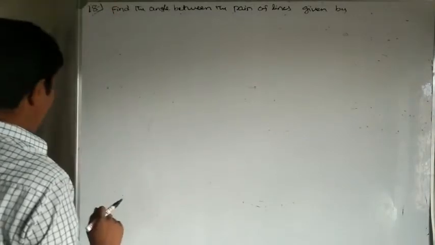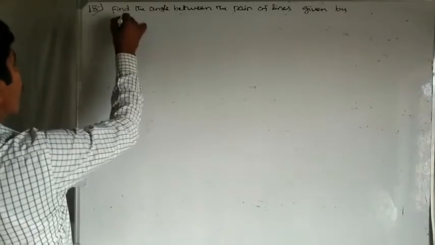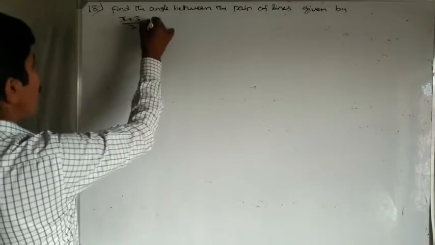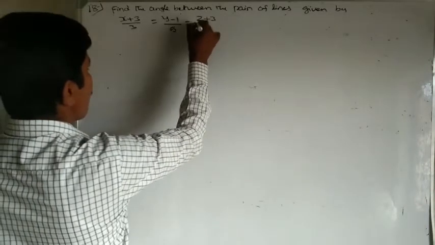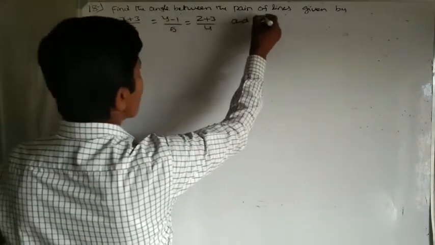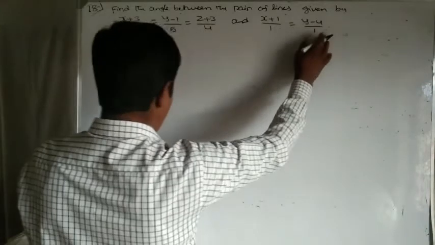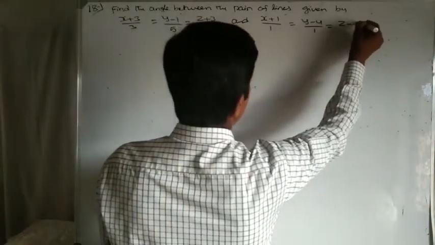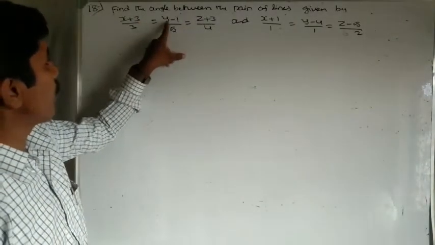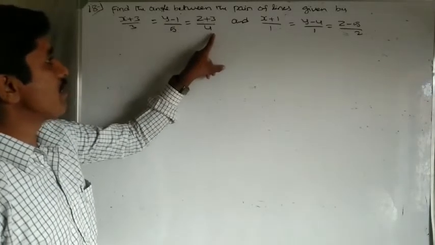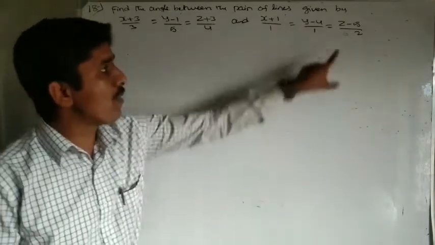Find the angle between the pair of lines given by x plus 3 by 3 equal to y minus 1 by 5 equal to z plus 3 by 4, and x plus 1 by 1 equal to y minus 4 by 1 equal to z minus 5 by 2.